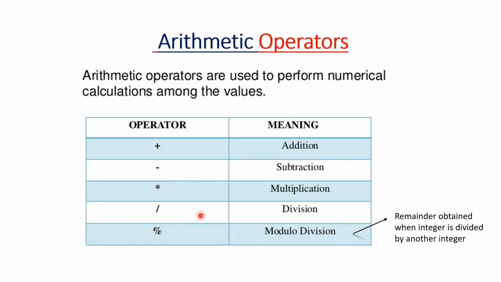This sign is used for division, and this sign is used for modulus division, meaning remainders. The remainder is obtained when an integer is divided by another integer. The value that is left over, when we want to get it, is the remainder, and in language terms we call it modulo division or modulus division. Clear?